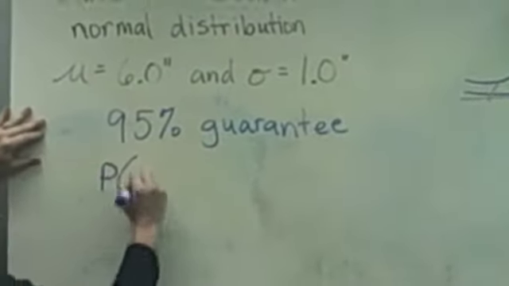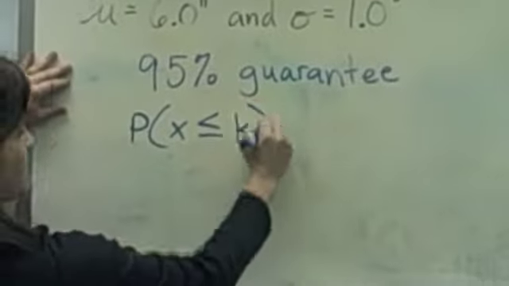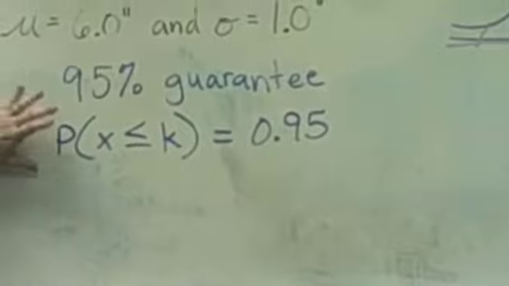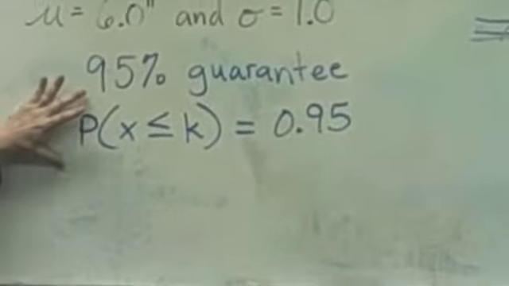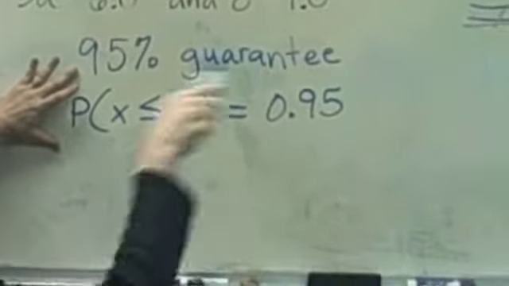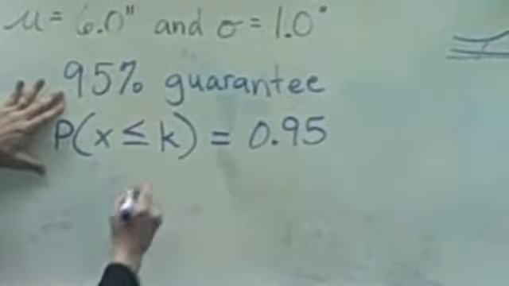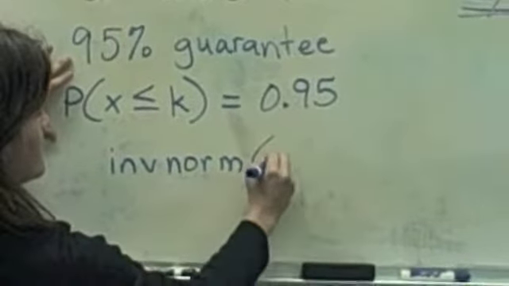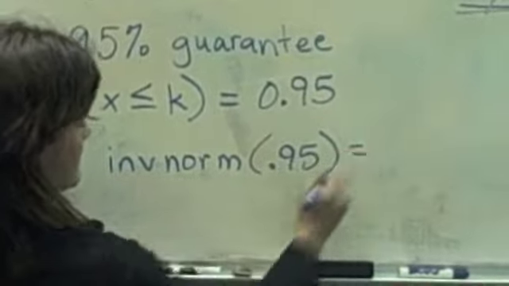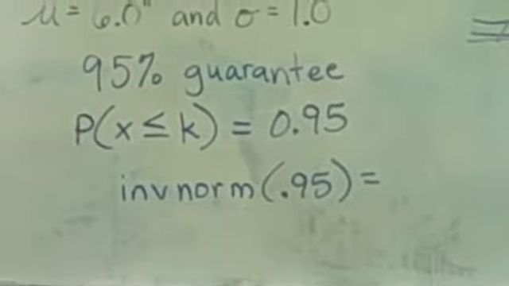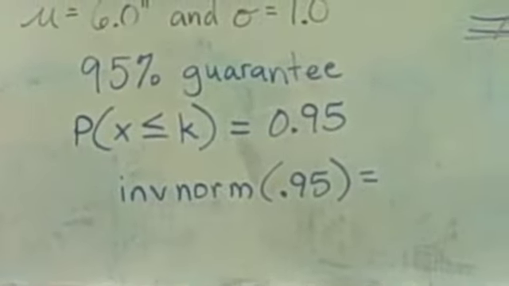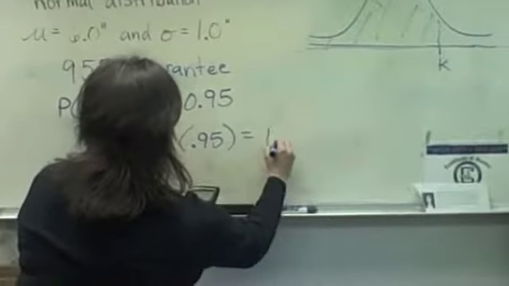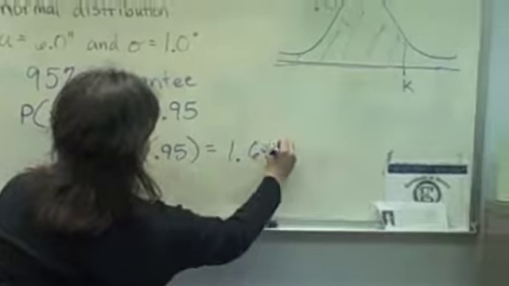We're being told the probability that X is less than or equal to K is equal to 0.95. And this is the scenario where we need to use the inverse norm function on our calculator, because we start with the probability, and when we plug in inverse norm 0.95, we get a z-score of 1.645.